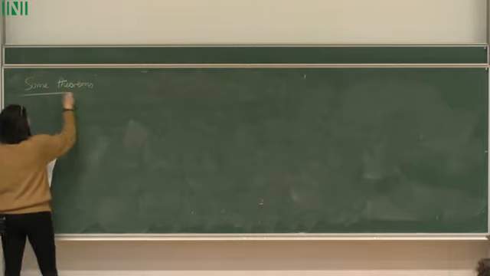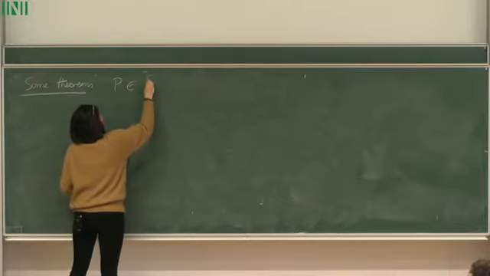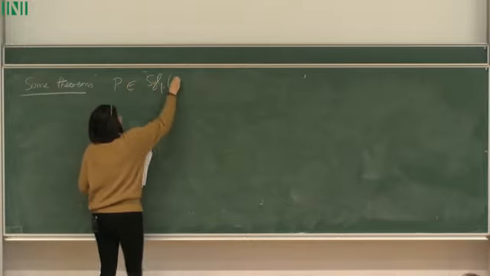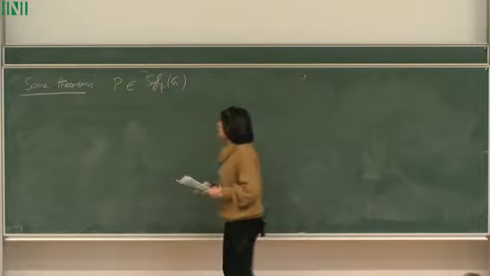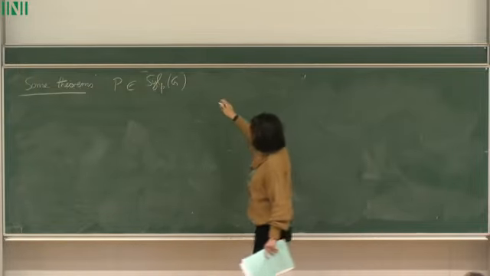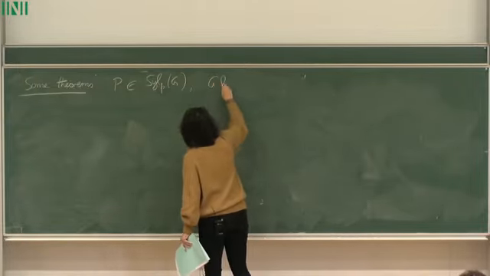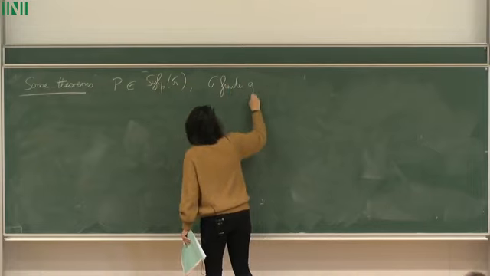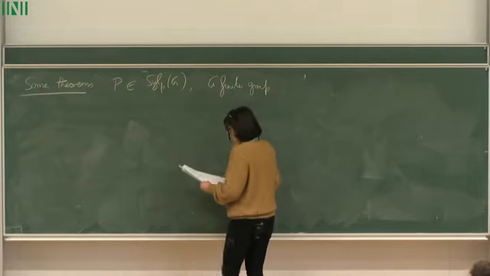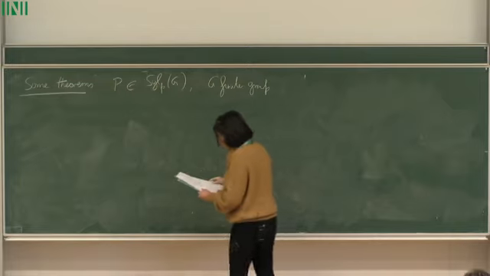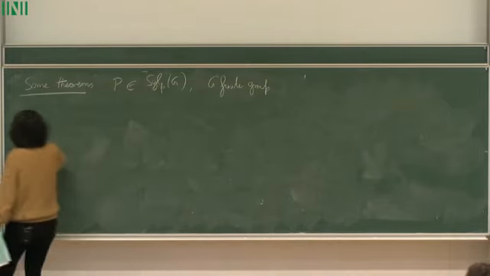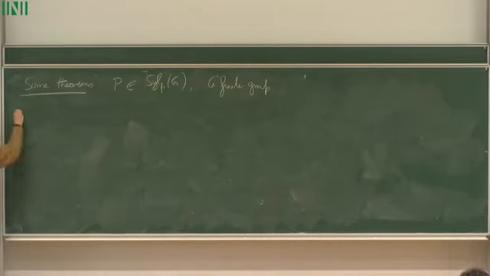These are just classical theorems. Here, P is a Sylow p-subgroup of G in this section, and G is a finite group.